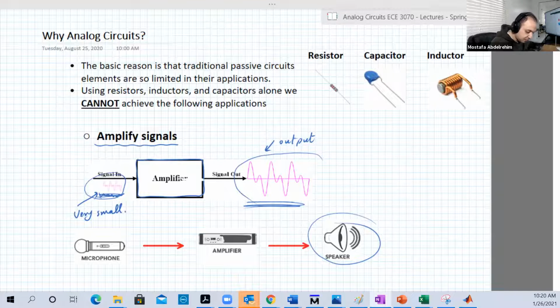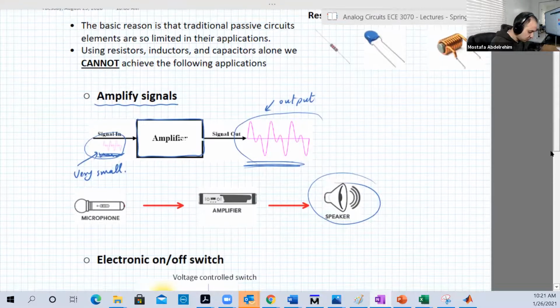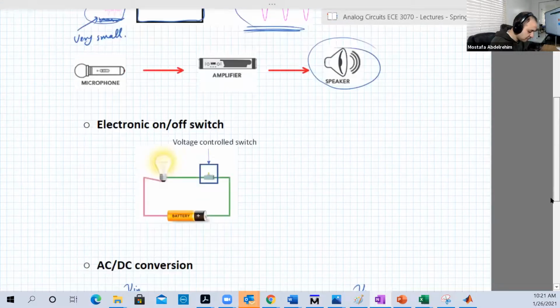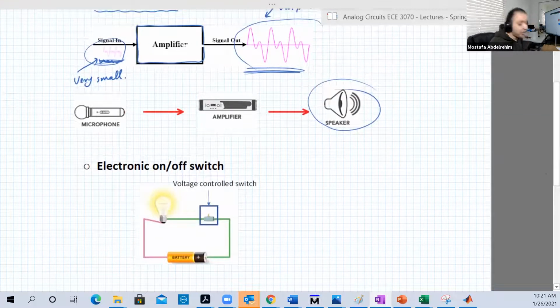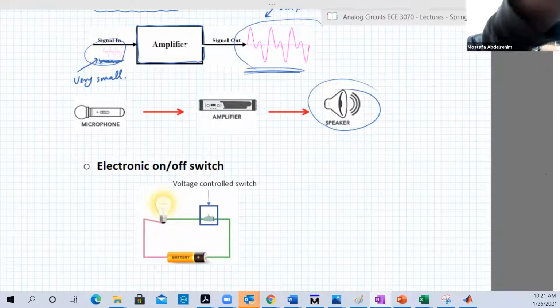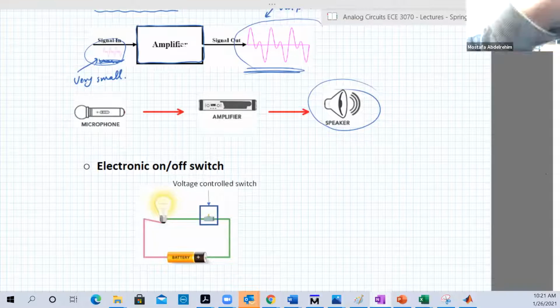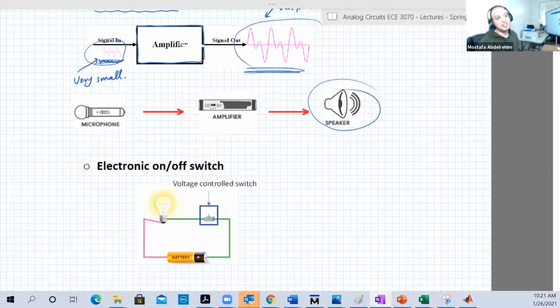What else? Electronic switch. You know, until this moment, the push button switch. In your home, you make a switch like this or like this, then you can turn the light on and off. It's a manual, mechanical switch.